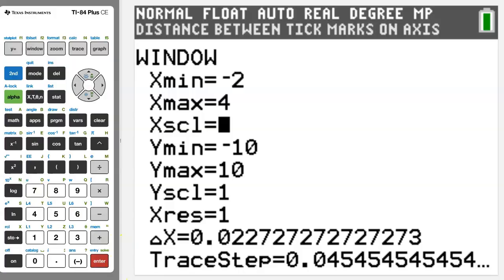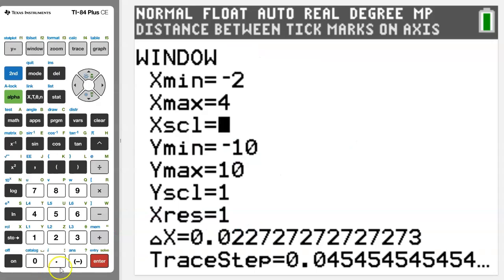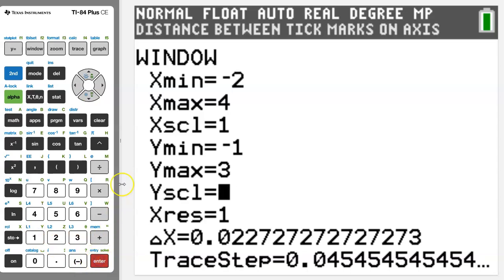I just want my calculator to look as much like this as possible. And for the y values, let's go from -1 to 3. So hit graph and take a look.